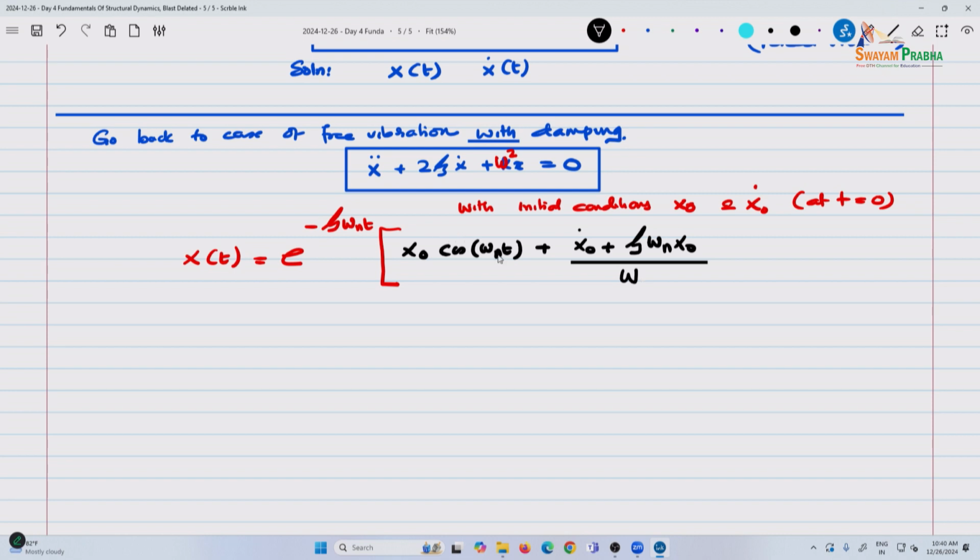So, this should be omega d, sorry, and I will show you what the differences are, sine of omega d t.